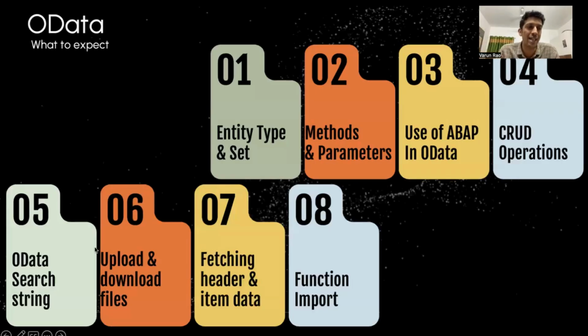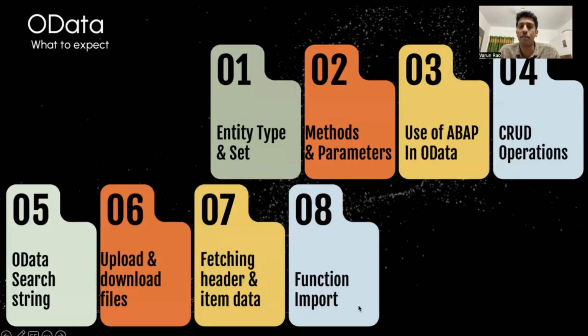Then you have OData search string that's available, followed by uploading and downloading files. We'll see how to upload basic files. Again, there are too many variants of files available with SAP OData. We would be looking at the basic level, followed by fetching the header and item data. It's very useful when you want to get the data onto your front end.